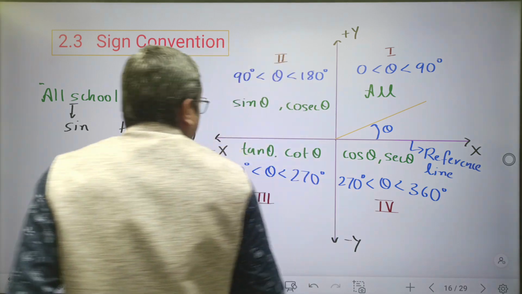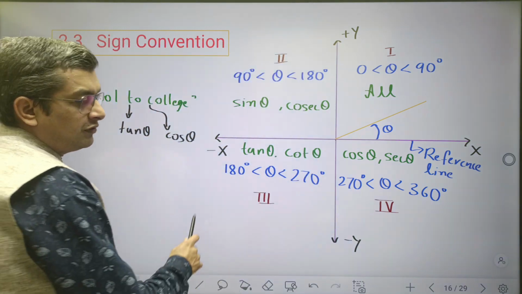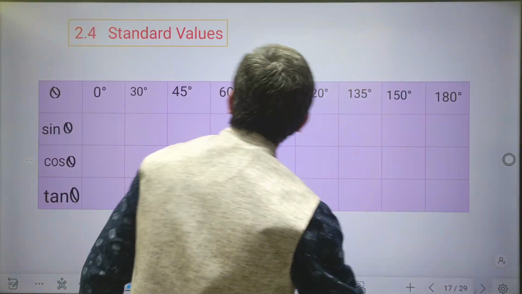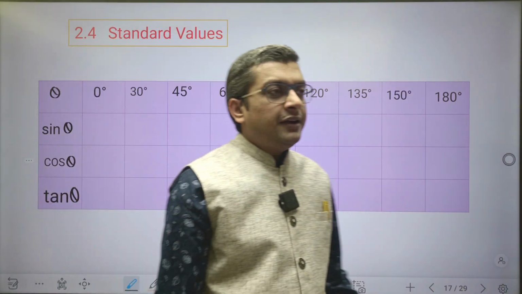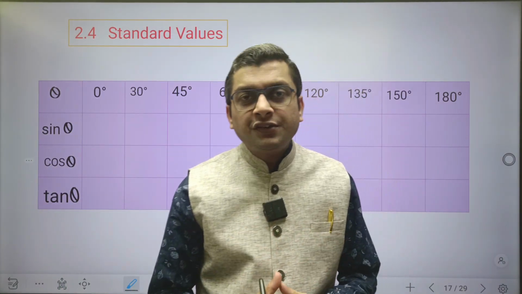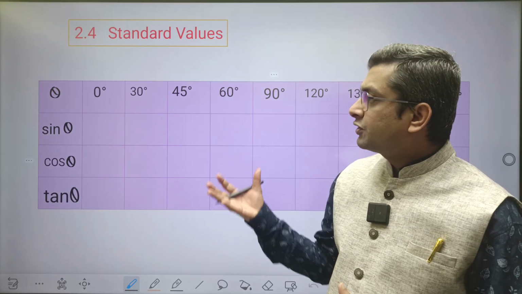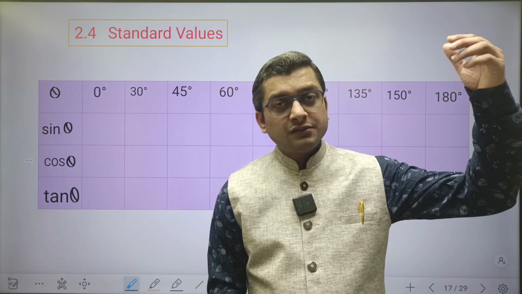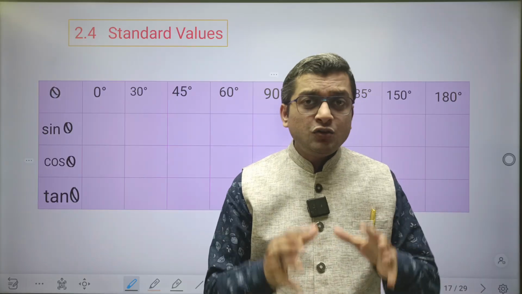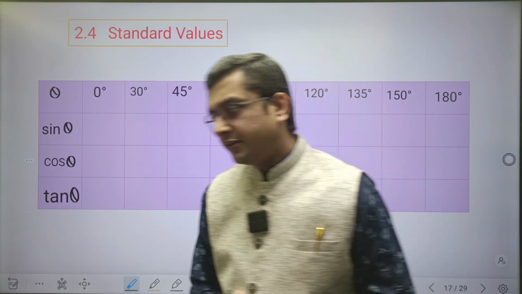So this is the sign convention. Now next, there are some standard values, and in examinations, if your solution comes across these standard values, then the examiner expects that you must know them, isn't it?